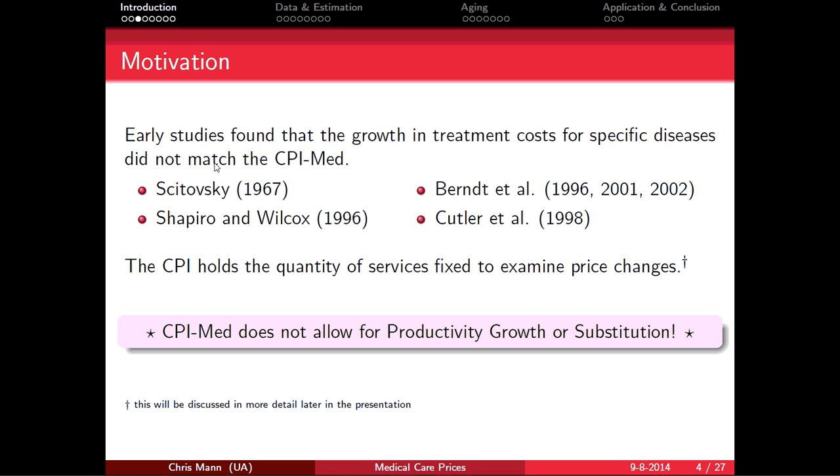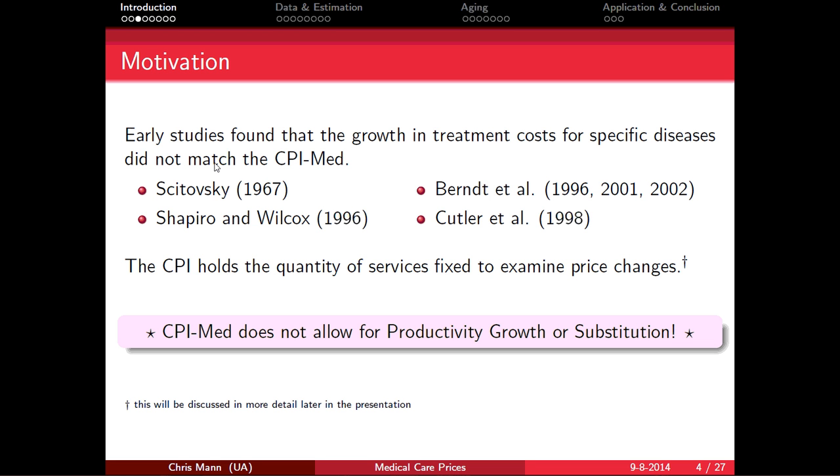And so they investigated this further and found that the reason why was because at the beginning of their study, most cataract treatments involved an inpatient procedure at the hospital. However, through the course of their study, a lot of the treatment had been substituted into an outpatient procedure, right, which was relatively less expensive. And the CPI for medical care didn't actually fully capture that substitution effect.